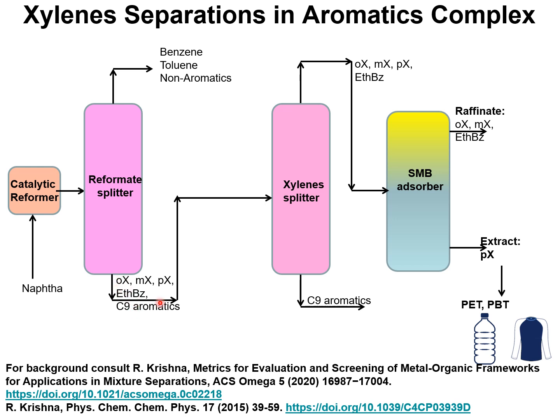The bottom stream from the raffinate splitter is further distilled in a xylenes splitter in which the top product consists of the C8 hydrocarbons, ortho-xylene, meta-xylene, para-xylene, and ethylbenzene, and the bottom product are the C9 aromatics.